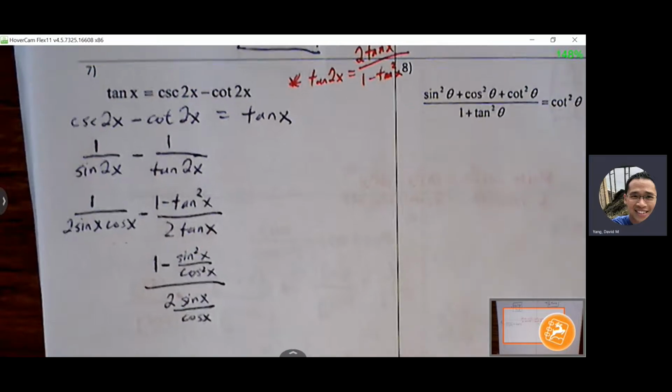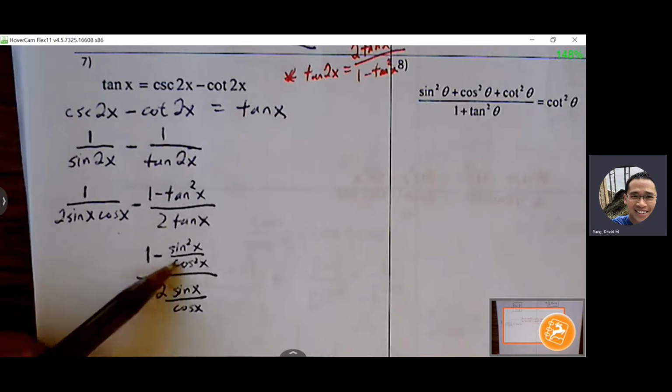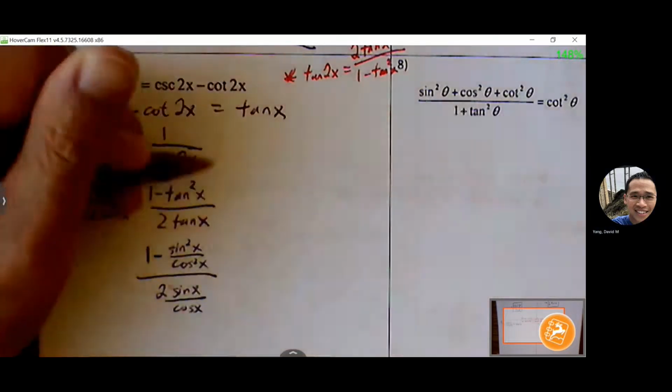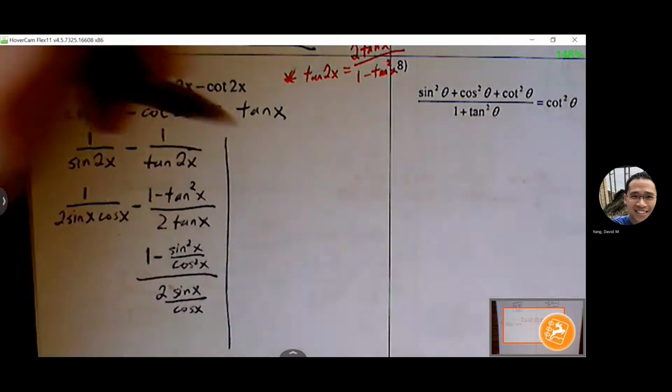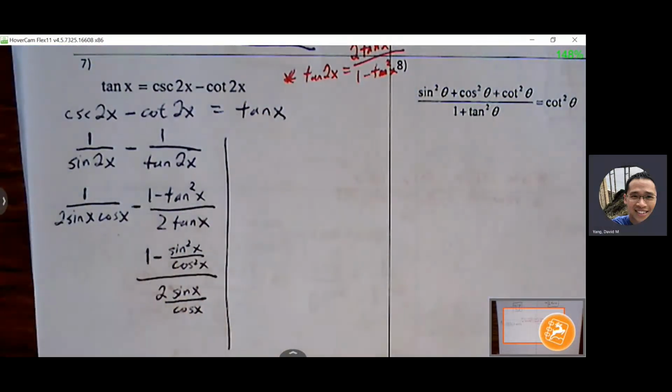Yeah, I don't think I provided enough room for this number 7 here. Okay, common denominator. I'm going to find another sheet to work on.